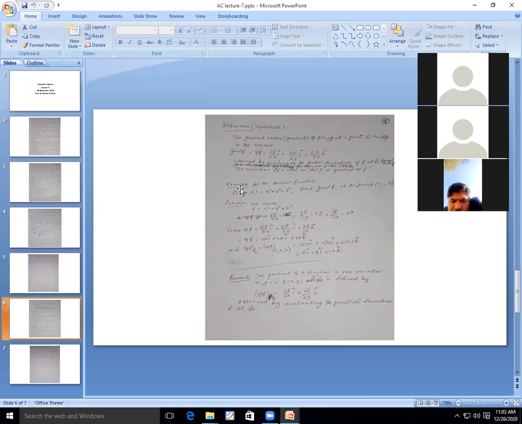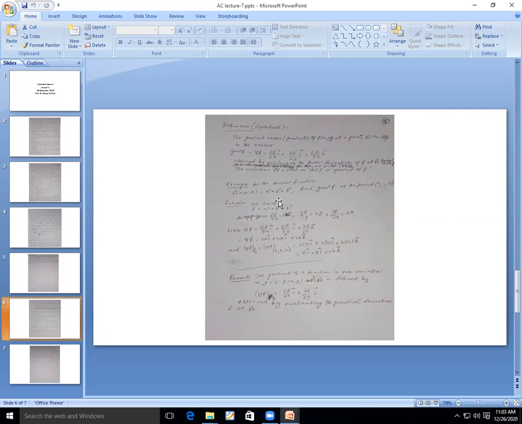We try one example, how to find the gradient of any scalar function. The scalar function is in 3 variables in this example. f of x, y, z is defined as x square plus y square plus z square.